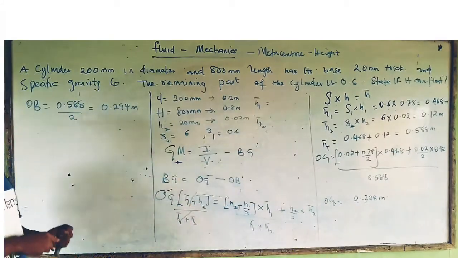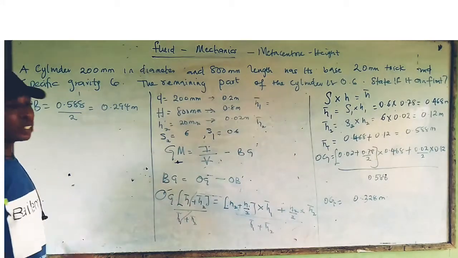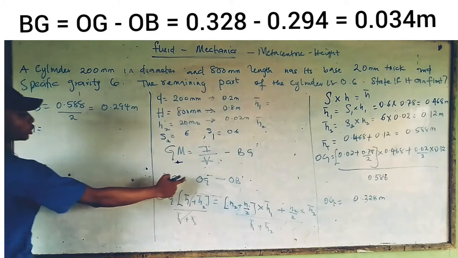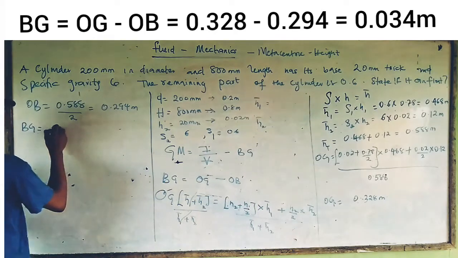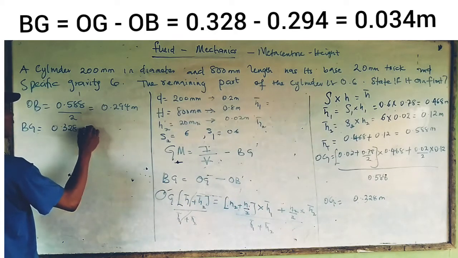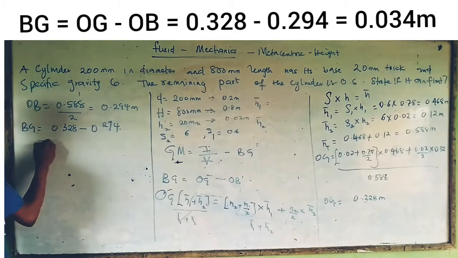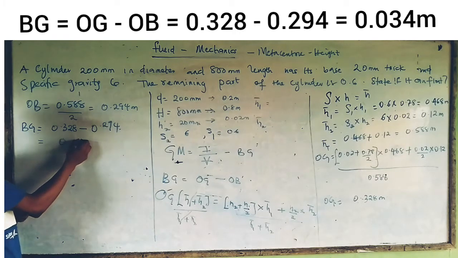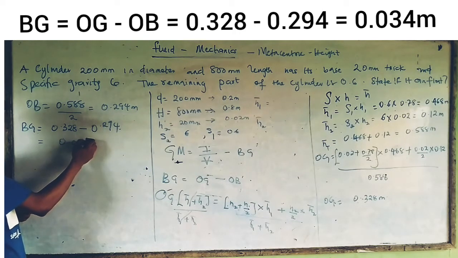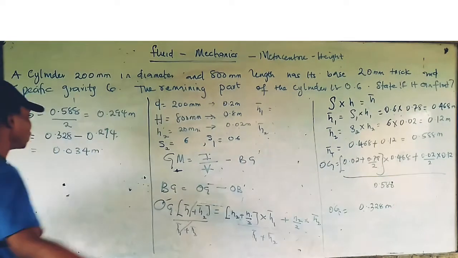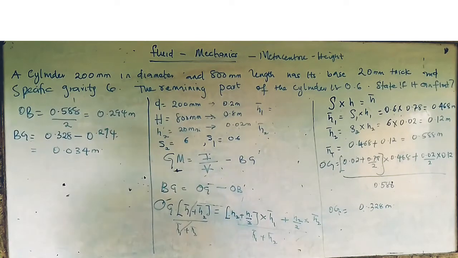So now I have successfully calculated my BG. My BG is equal to OG, which I calculated as 0.328, minus OB, which is 0.294, gives me 0.034 meter.